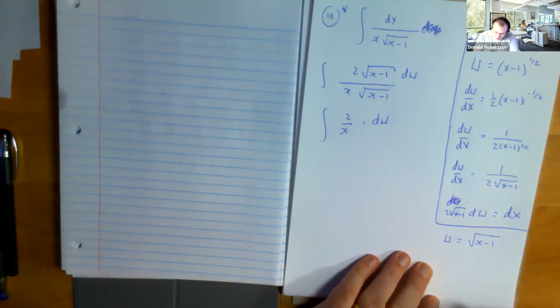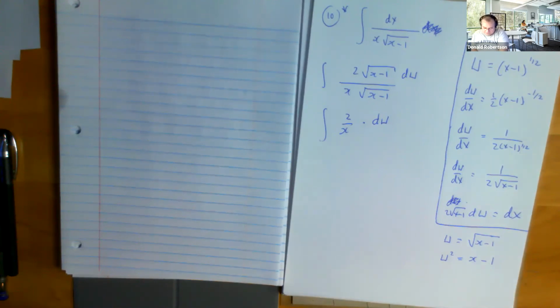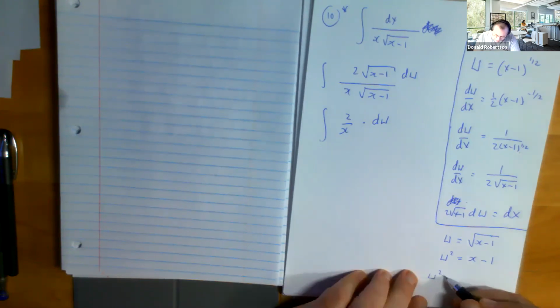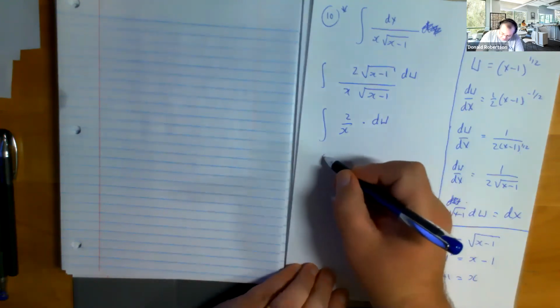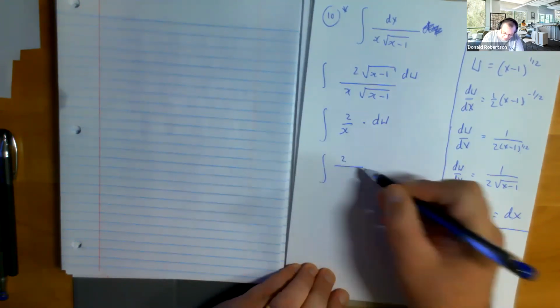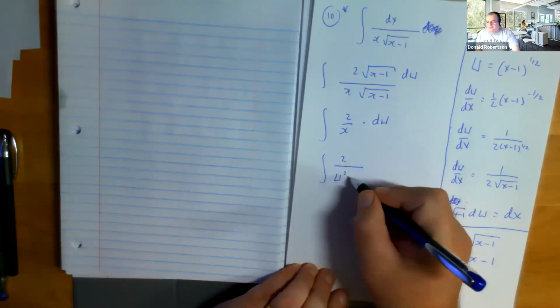If you square both sides, you get that. And if you add 1 to both sides, you get that. So far, so good. Which means that this guy becomes that.